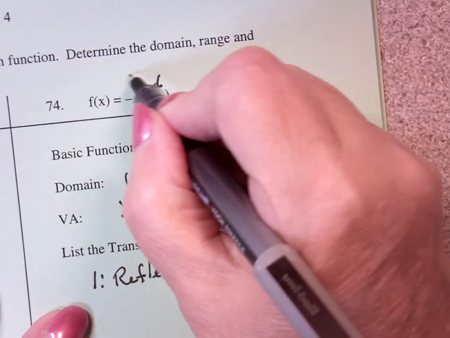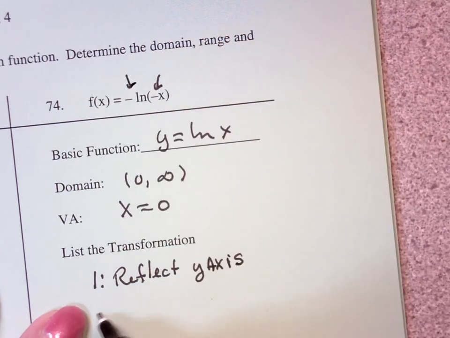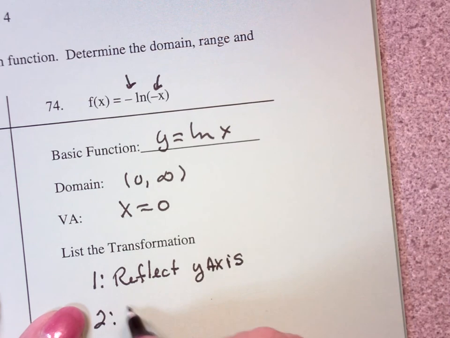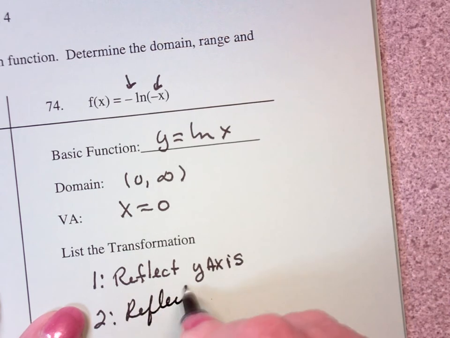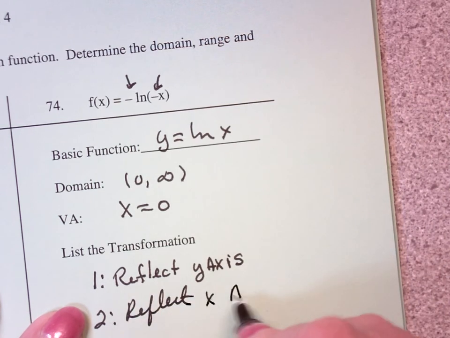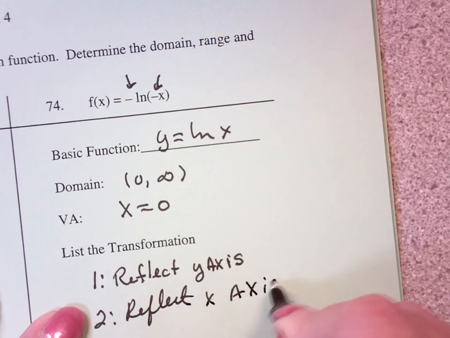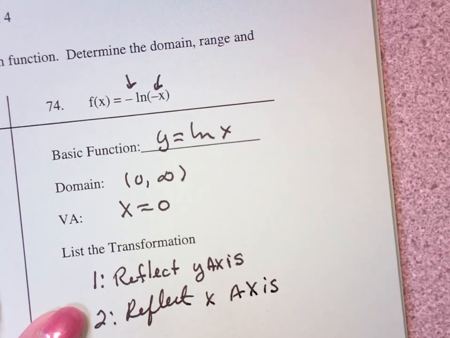And then I come to the outside, and that is what? Reflect across the x-axis, because the outside affects the y, so the y values are changing sign. So it's upside down backwards.